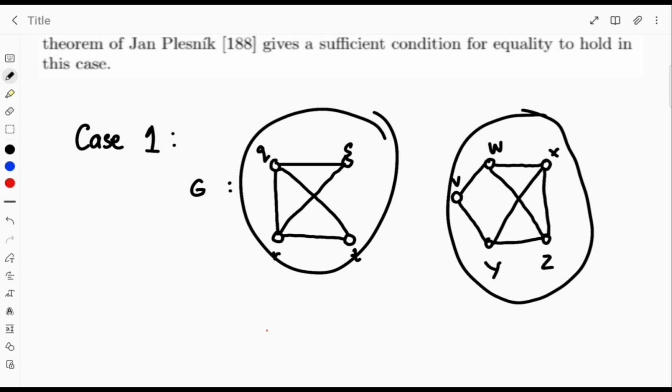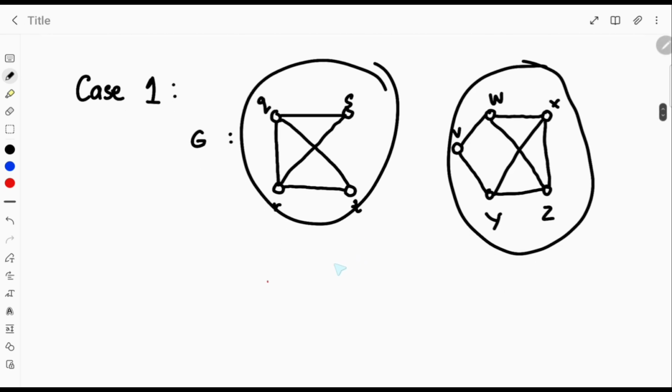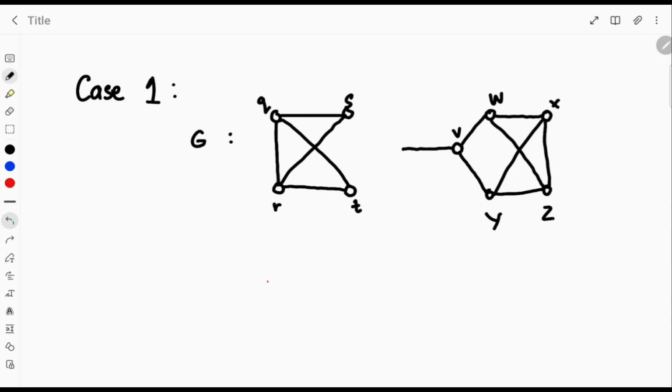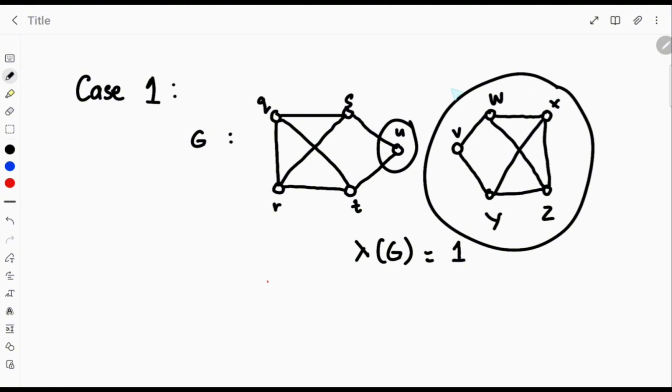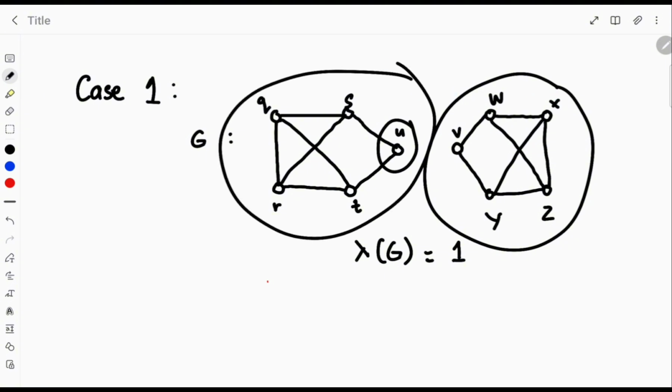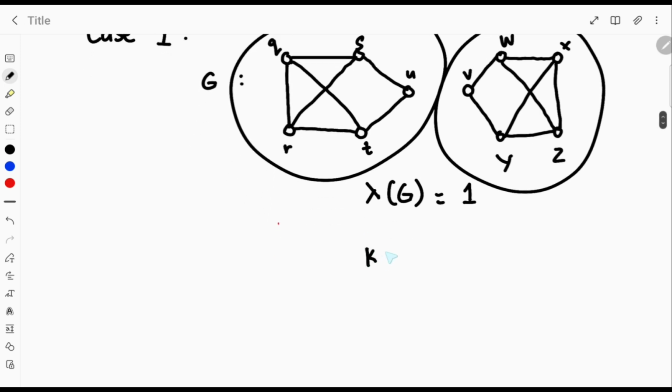This implies that our λ of G is equal to 1, while our κ of G is also equal to 1.